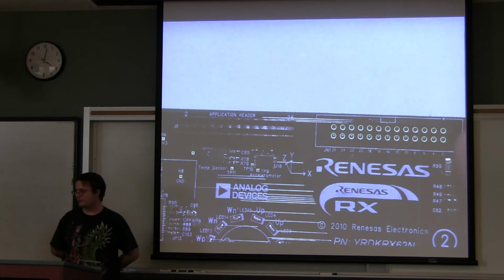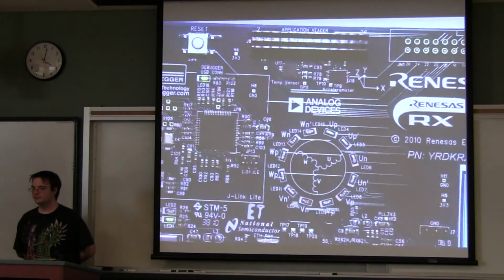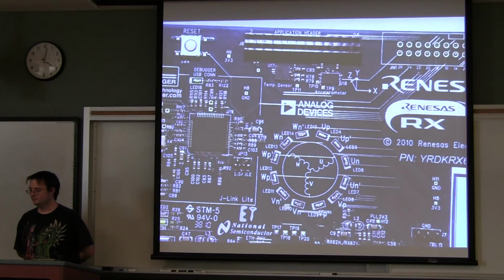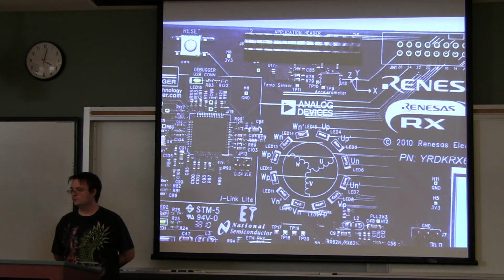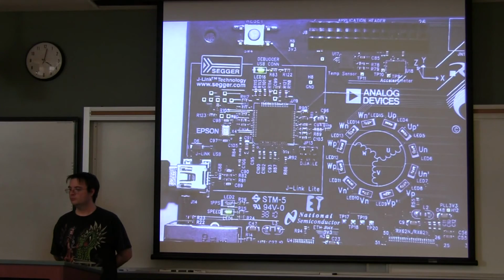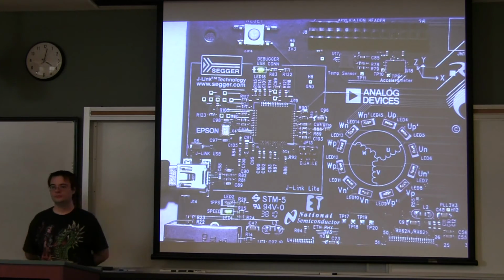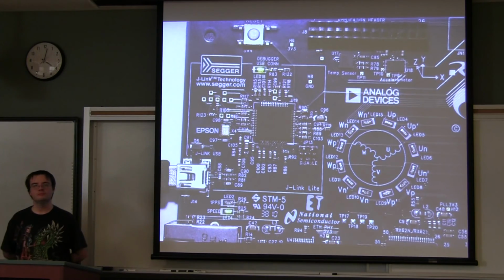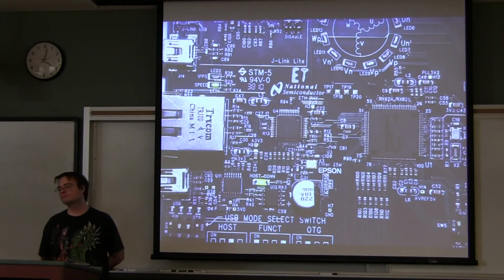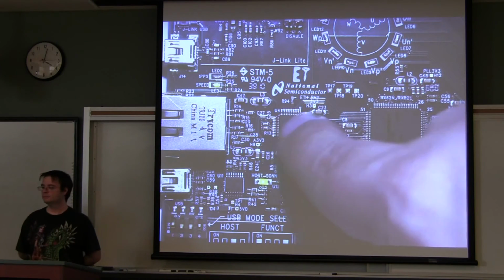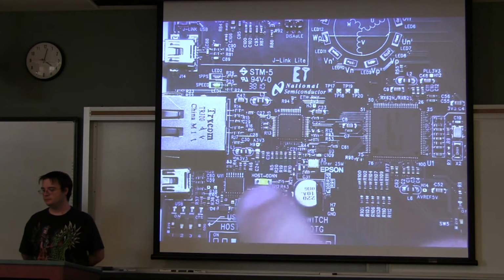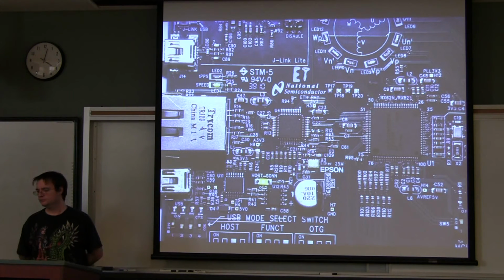I think we've gone over this in great detail before. When this board was created, they put on everybody's logo because they were supposed to get cheaper parts to make this board inexpensive. So right here is the Segger debug device. Over here is the physical Ethernet chip, and there should be a USB chip somewhere, which is probably the biggest one right here.